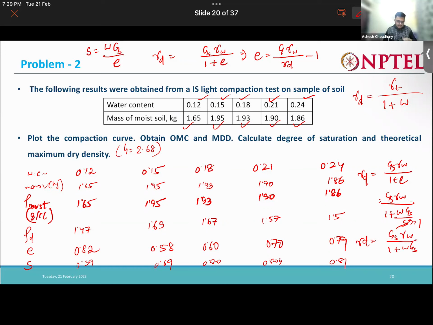If we put the values here, please tell me what will be the theoretical maximum dry density for at least the first water content. Gamma d max using this relation.